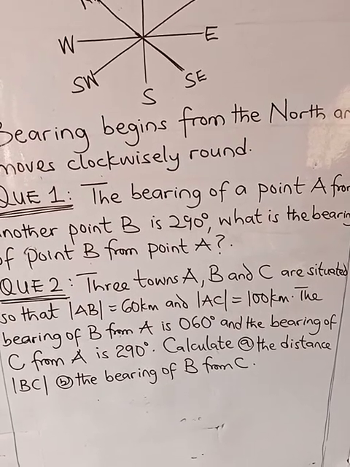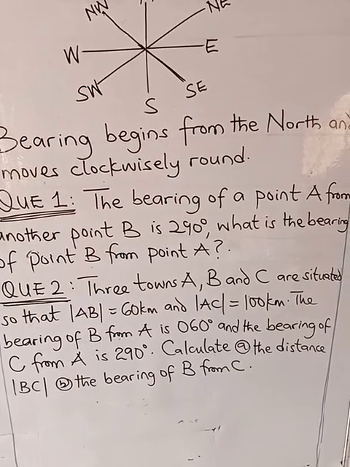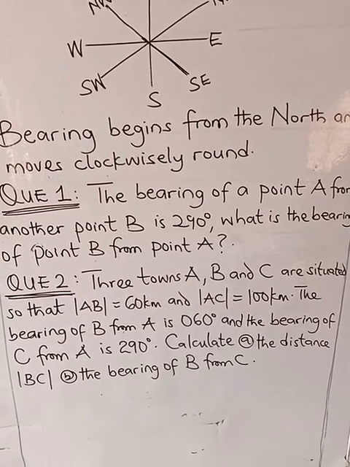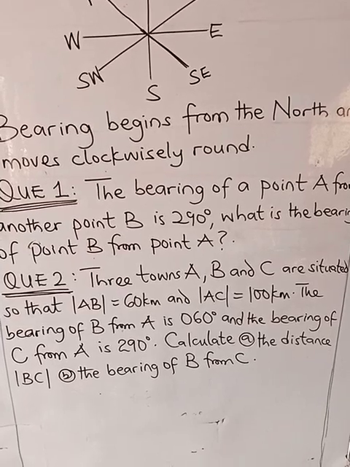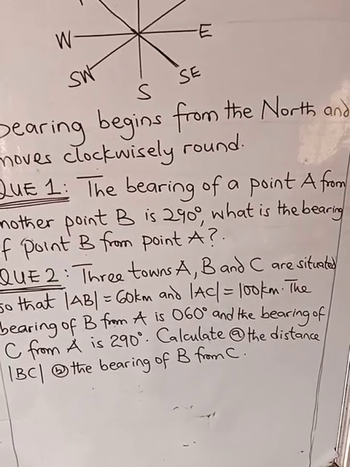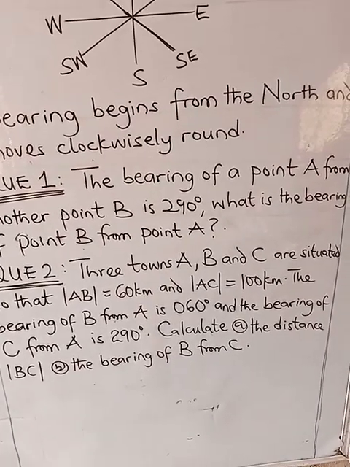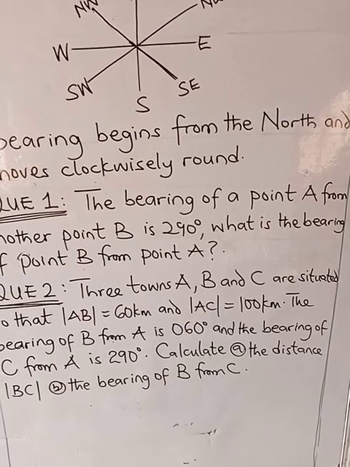The bearing of B from A is 60 degrees, and the bearing of C from A is 290 degrees. Calculate (a) the distance BC, and (b) the bearing of B from C.